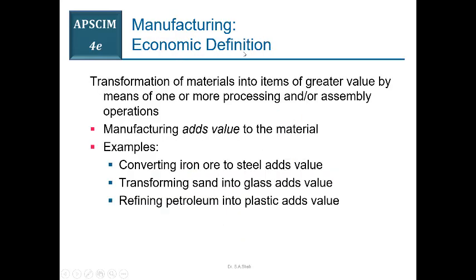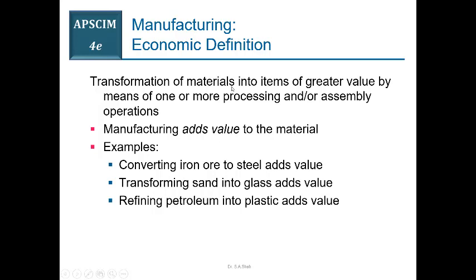As far as the economic definition is concerned, industrialists are normally concerned with the economy. So it is the transformation of materials into items of greater value by means of one or more processing or assembly operations. You know, when you process a material, you are adding value to it. You must have heard that normally we call such products value-added products.